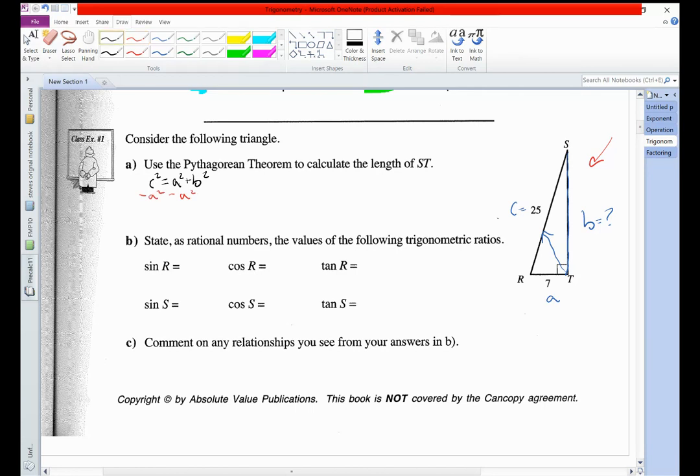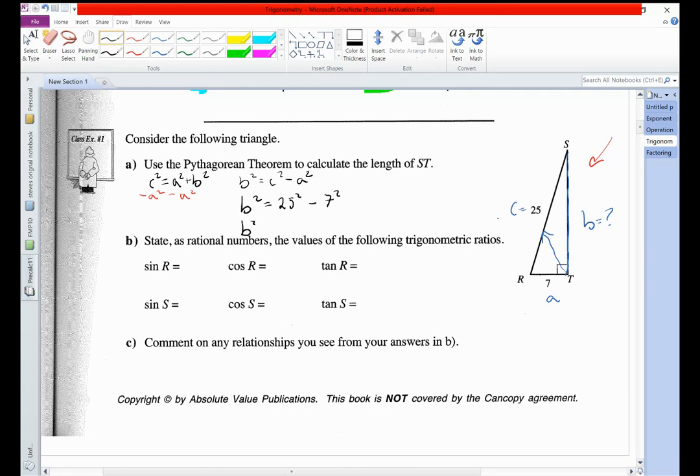And what we're left with is B squared is equal to C squared minus A squared. And now we can just fill in our values, right? B squared is equal to, C is 25, so 25 squared, minus A is 7, minus 7 squared.